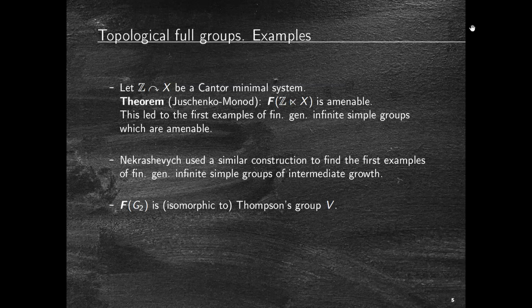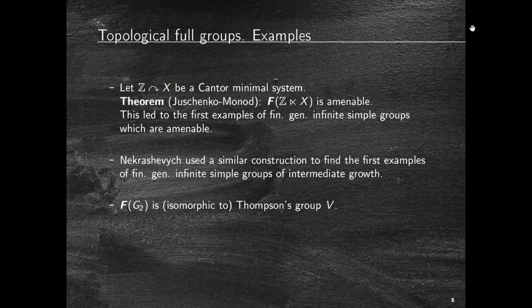Piecewise it looks like ax plus b, where the slopes are powers of 2 and the breakpoints are dyadic numbers. So there's a particular way to define V, but it turns out you can alternatively think of it as a full group of our groupoid.